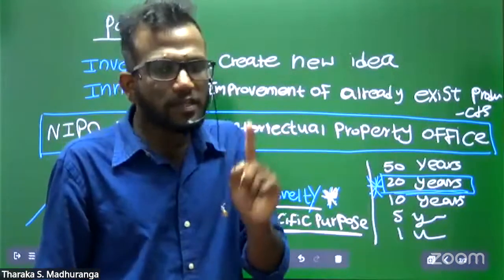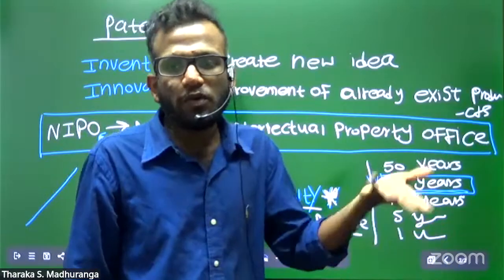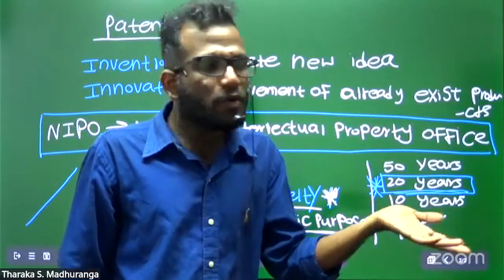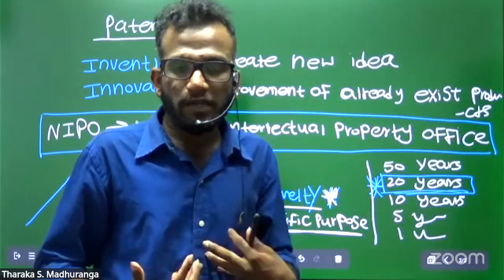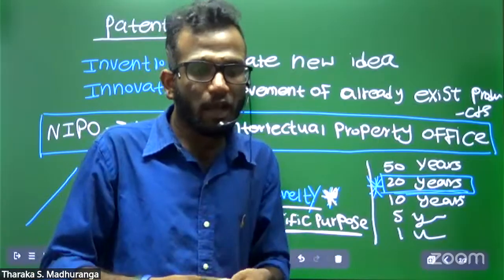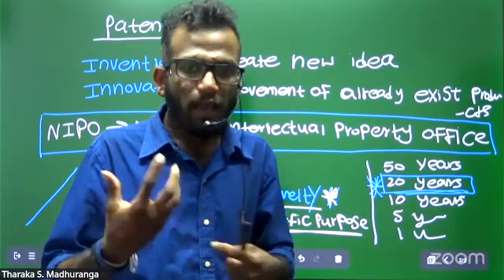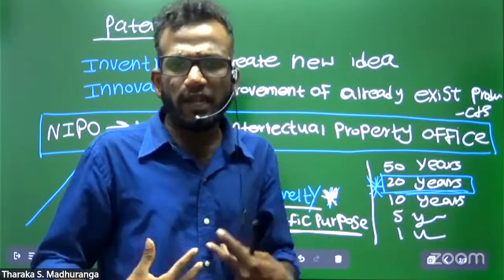Okay, now the other reason is, if it is given for lifetime, the innovators are not going to produce another novelty. If they have a patent, they can get income. I will explain later how they can earn from the patents. They can earn for a lifetime.